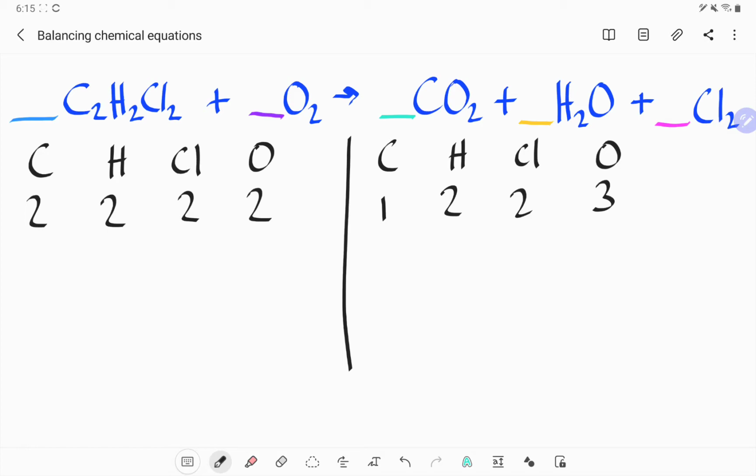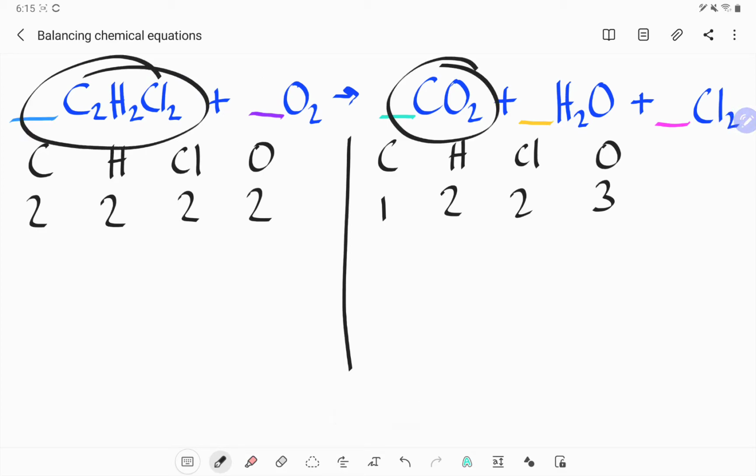Two things we might remember from the last video I made: carbon is typically one of the easier ones to balance first. So we can remember that and then try to balance carbon first. Or we might say, well, wait a second. Oxygen is here by itself, not bonded to another different element. And carbon, everywhere that it's located, it's bonded to multiple different elements.